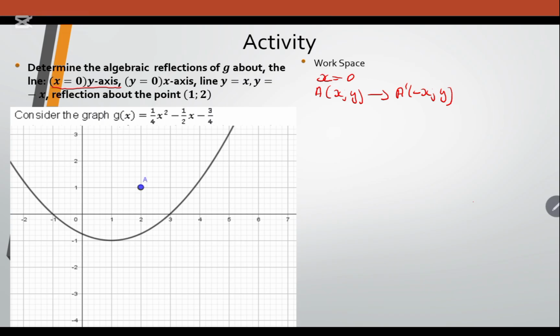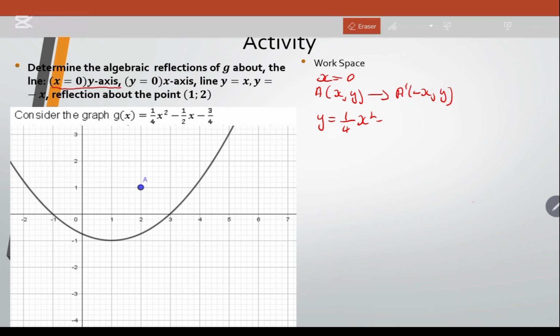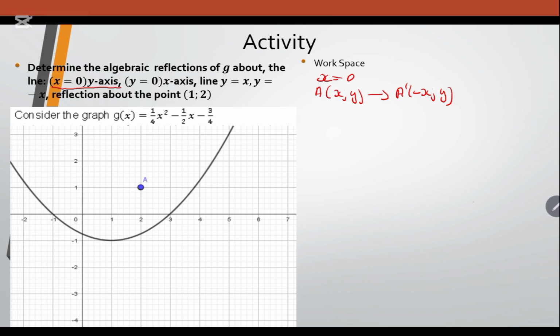So in order for us to do this, you simply go to your algebraic equation and multiply x with -1, because that is the only variable that has changed the sign. So our equation is y is equal to 1 over 4 x squared minus 1 over 2 x minus 3 over 4.